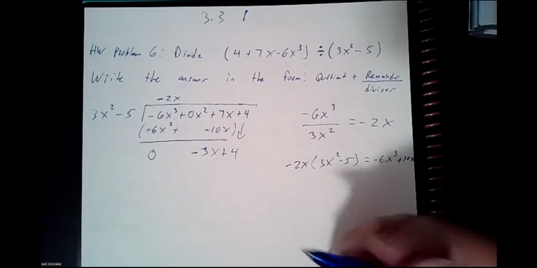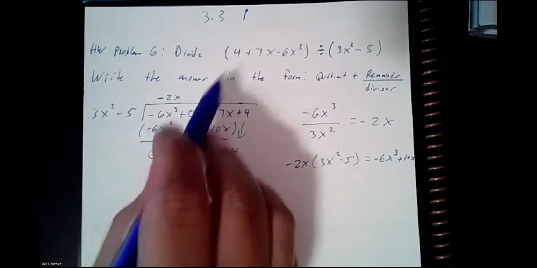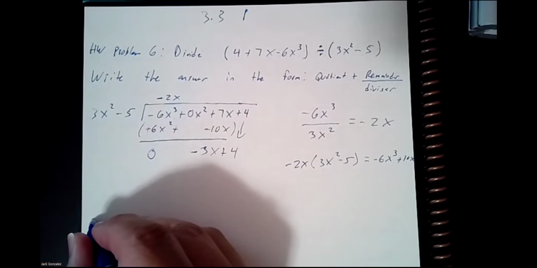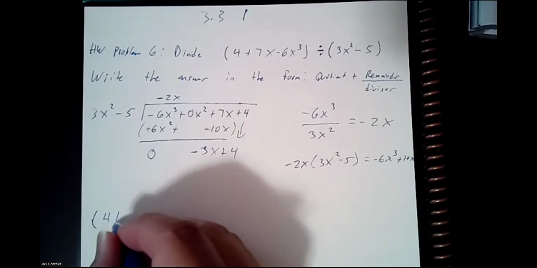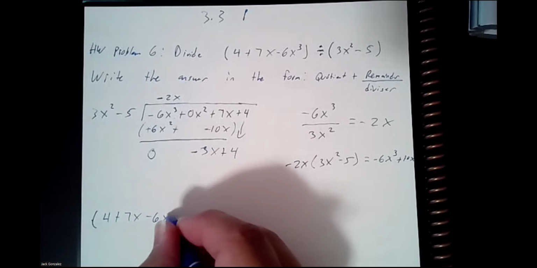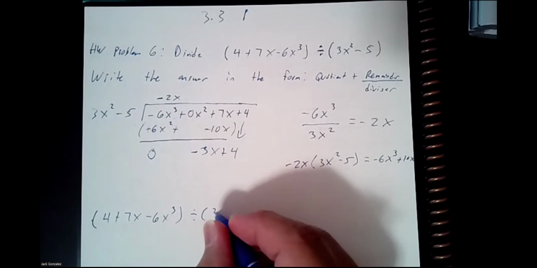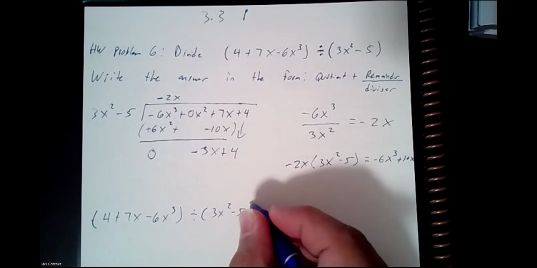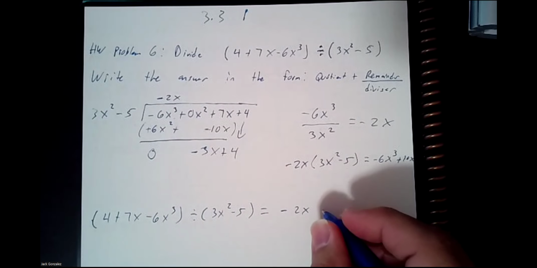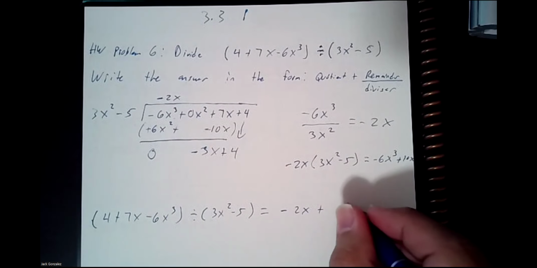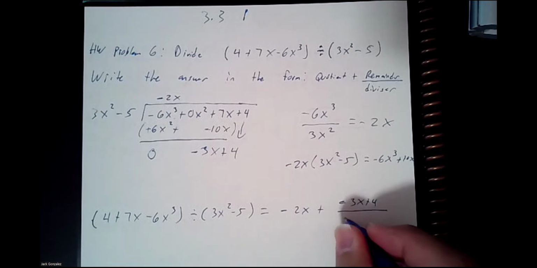So, what does this mean? I'm gonna rewrite this pretty. So the original, rewritten, right? Well, that doesn't matter. This is how they wrote it. This can be rewritten as negative 2x plus negative 3x plus 4, the remainder over your divisor.